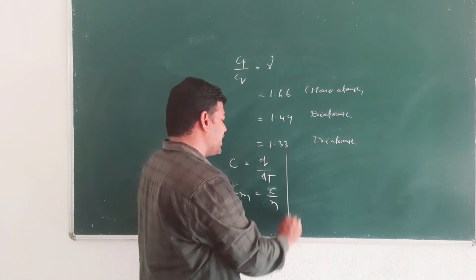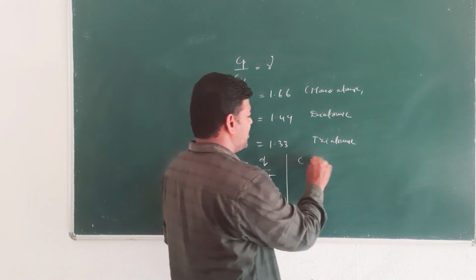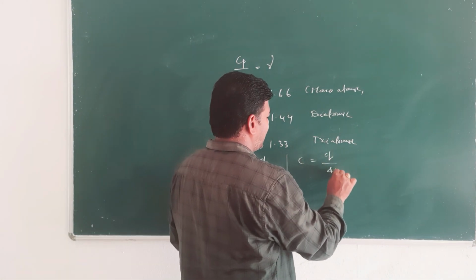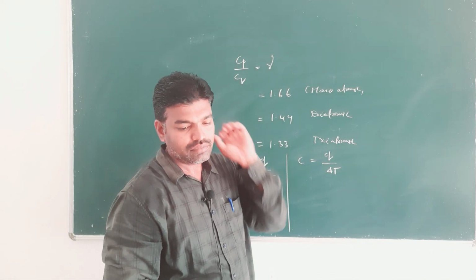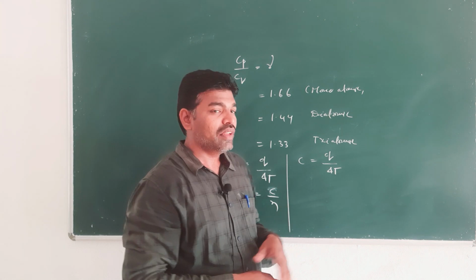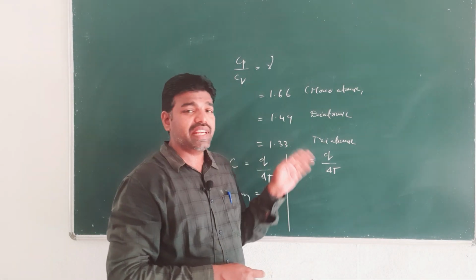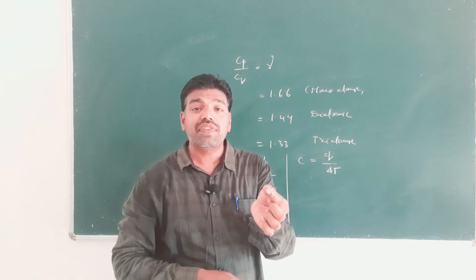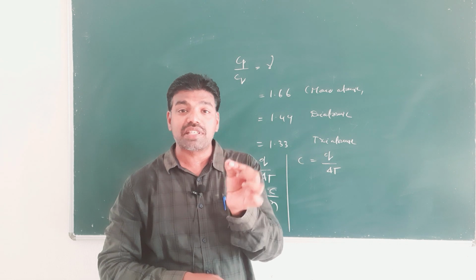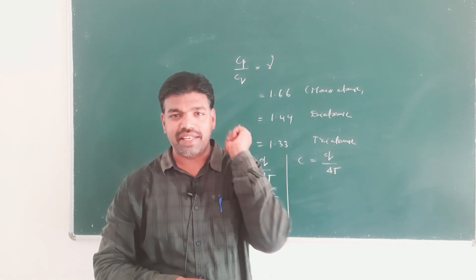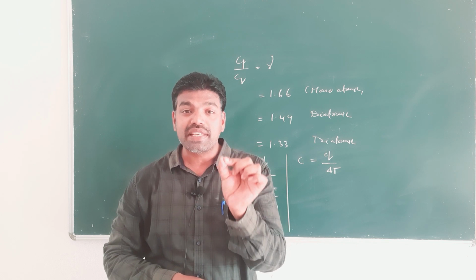And specific heat capacity. We know that heat capacity C is equal to Q by delta T. Specific heat capacity means the amount of heat required to raise the temperature of 1 gram of substance through 1 degree centigrade, right?